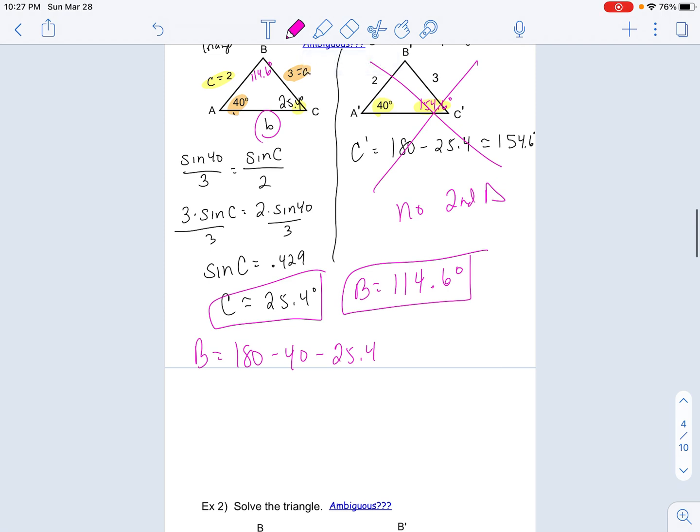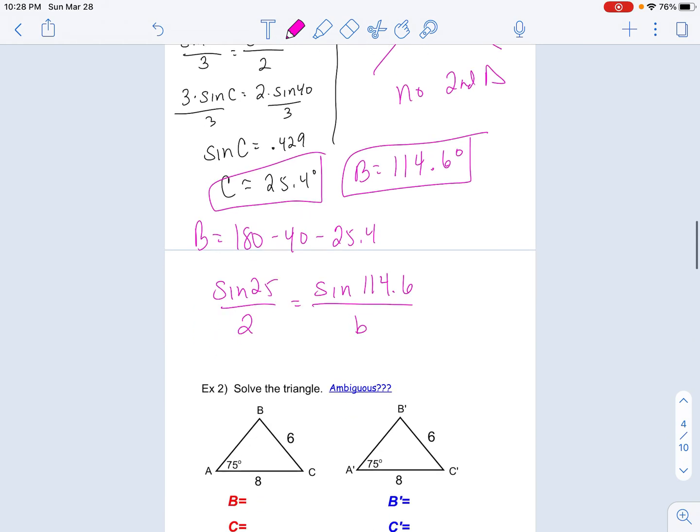So again, I want to set up my full fraction, which was sine of 25 over 2, and that has to be equal to sine of 114.6, which is B, over little b. Okay, go ahead and cross multiply. So that gives me b times sine of 25 equals 2 times sine of 114.6.